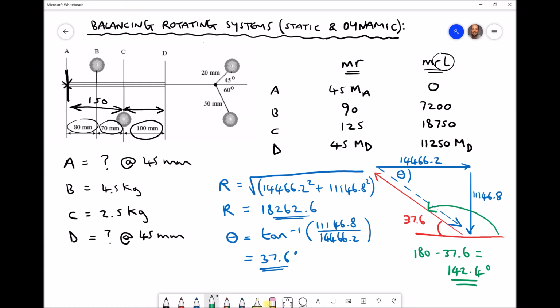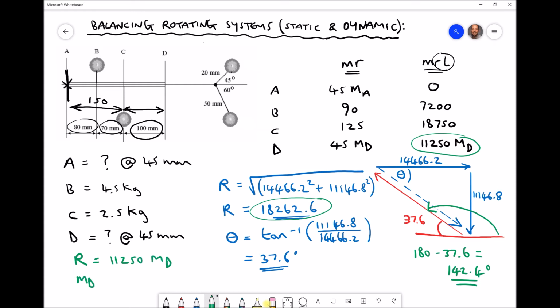But what we haven't yet done is determine the magnitude of our mass m. All we have is a resultant vector here of 18262.6. Well, this resultant here is equivalent to 11250 md. Recall that we constructed the vector diagram for MRL, and that resultant was for vector D. And vector D, we said, had a magnitude of 11250 times the mass of D. So finishing this up to find mass D, we know that the resultant equals 11250 md.